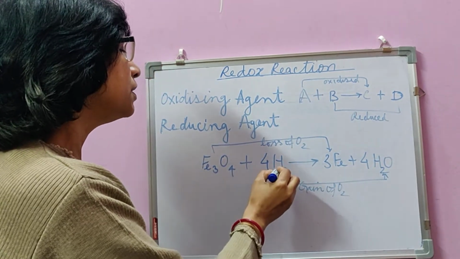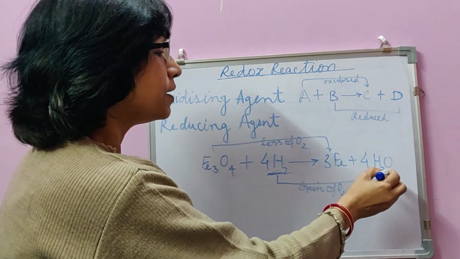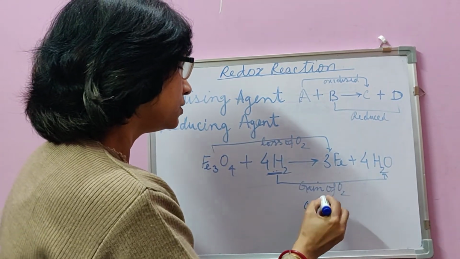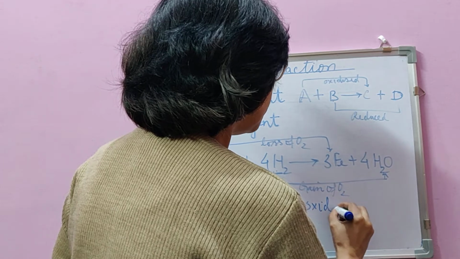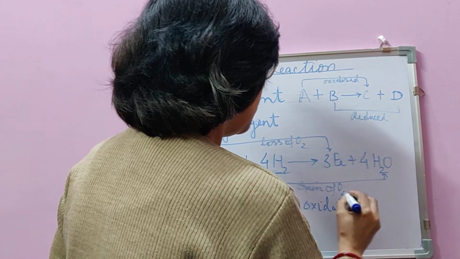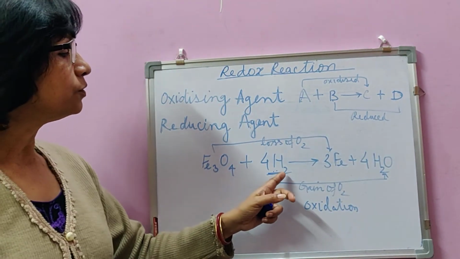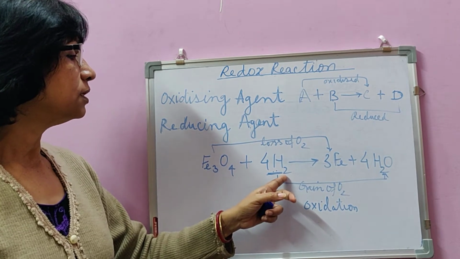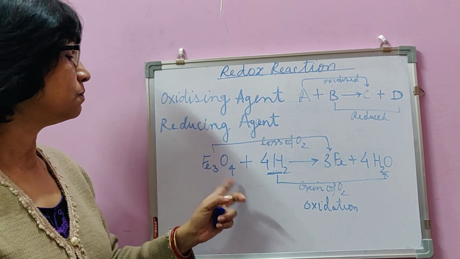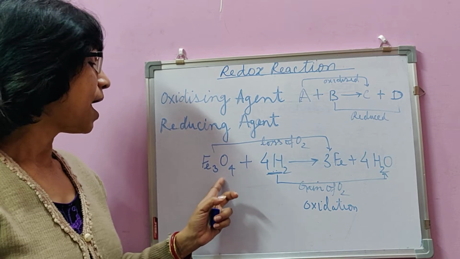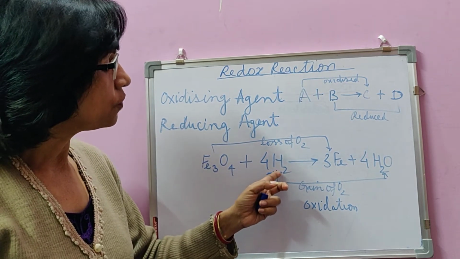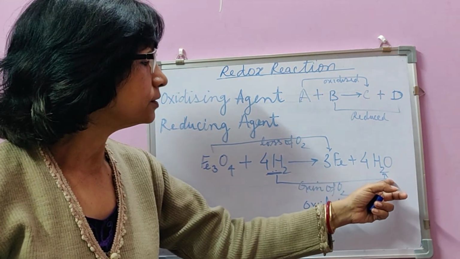Now think of the reaction of hydrogen to water. In this, hydrogen gained oxygen to become water, so this is oxidation of hydrogen to water. But from where did it gain that oxygen? This oxygen is given by ferric oxide. It means ferric oxide helped in the oxidation of hydrogen to water.